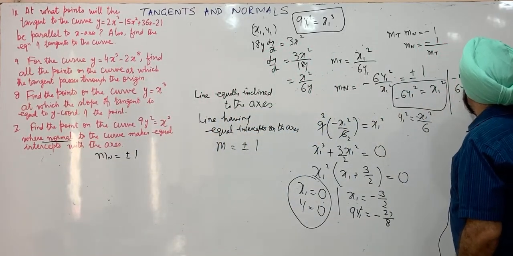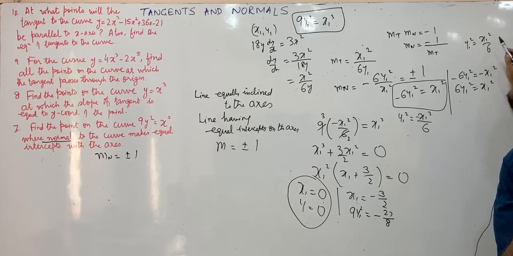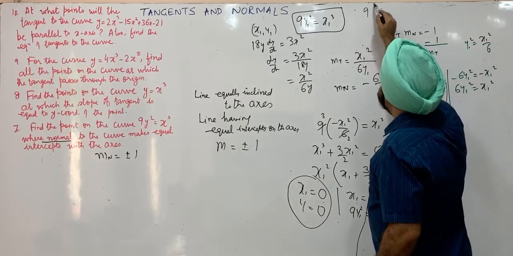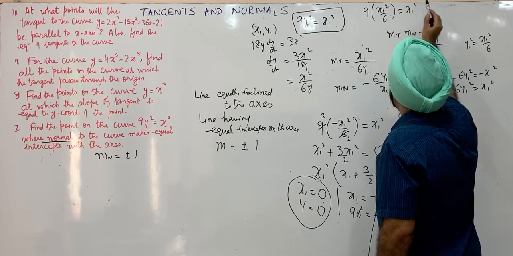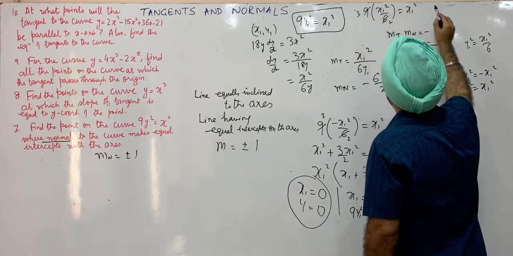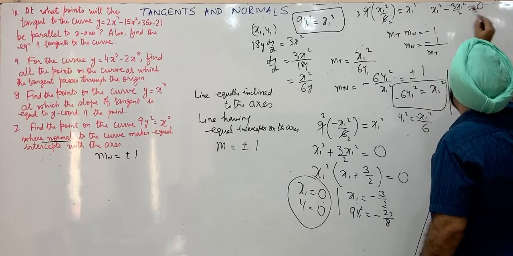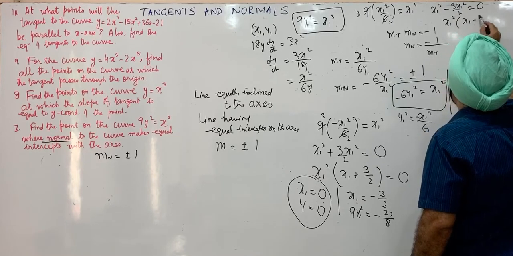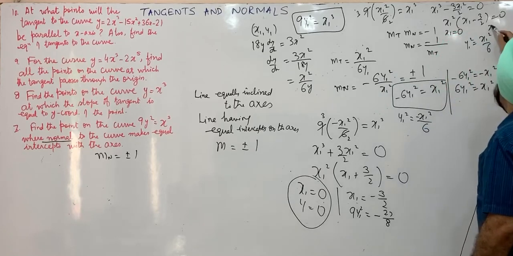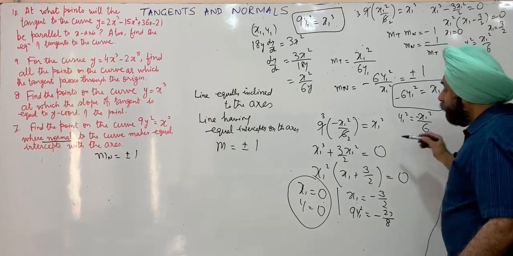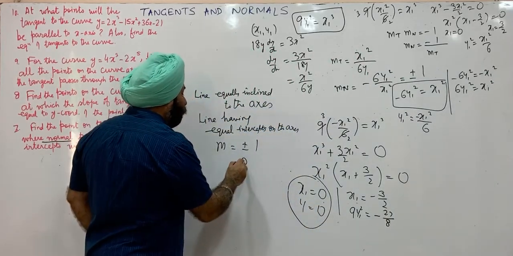So substituting y1 square as x1 square upon 6 here, 9 into x1 square upon 6 is equal to x1 cube, this is 3 x1 cube minus 3 x1 square by 2 equal to 0. Taking x1 square common, we again get x1 equal to 0, and second x1 equal to 3 by 2. x1 equal to 0 gives y1 equal to 0, so that's one point.